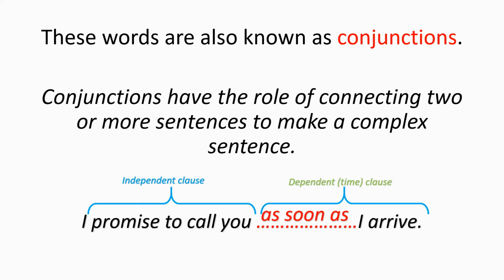And the example now changes into I promise to call you as soon as I arrive. As soon as is a time phrase which is being used to join these two sentences. Now you have an independent clause which is complete in meaning, but the second part of the sentence, which has as soon as and after that the subject and verb, becomes a dependent clause.